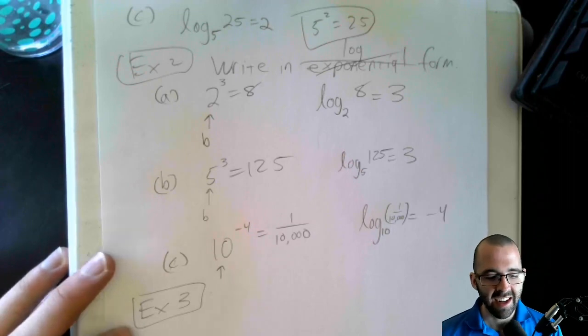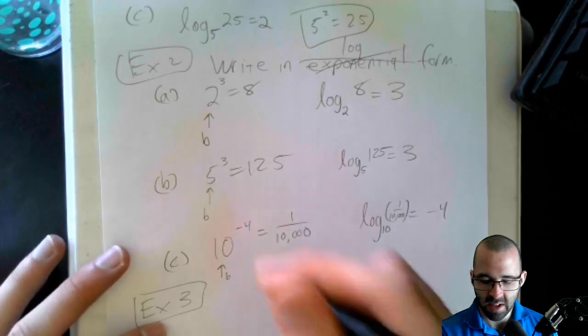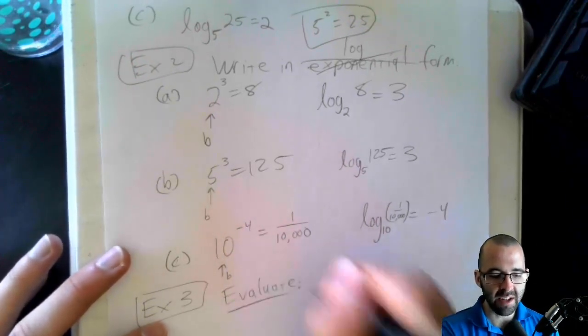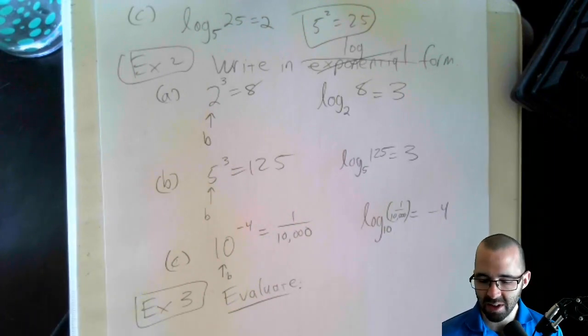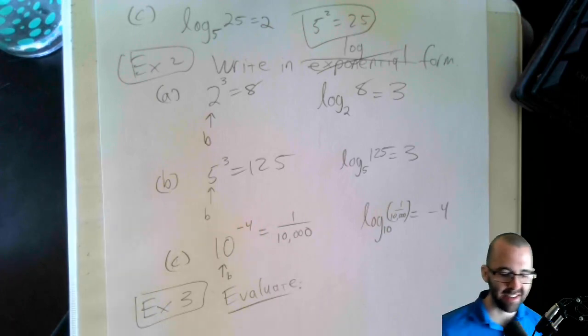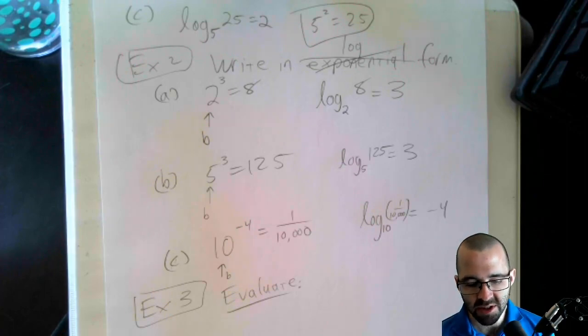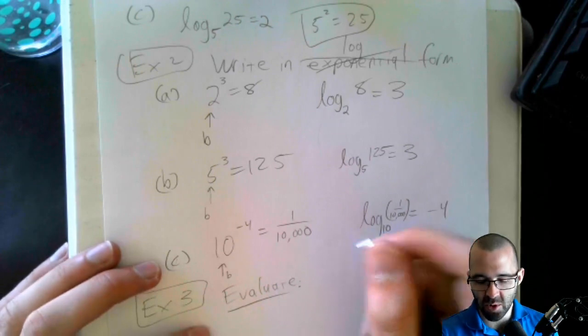Laws of exponents are going to be big there. I didn't actually put B here. Evaluate. In this book, we don't get into doing this with a calculator until 6.5. We're going to be doing it by hand until then. There's something called the change of base formula, though, that lets you type things into your calculator, but we'll talk about that more later.